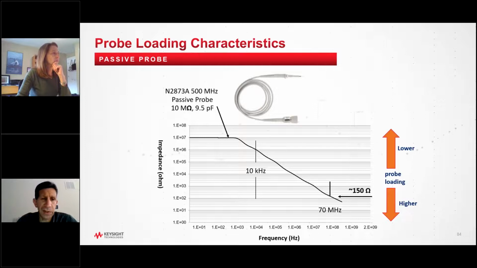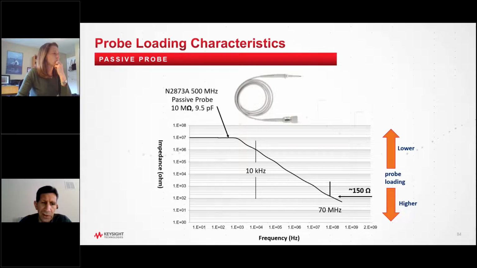Again, what you have to consider in addition to bandwidth is loading. Passive probes are given out with the scopes, and they have high impedance, so lower loading at DC, but they generally have high capacitance. This is why you can't really get much beyond 500 megahertz with a passive probe.